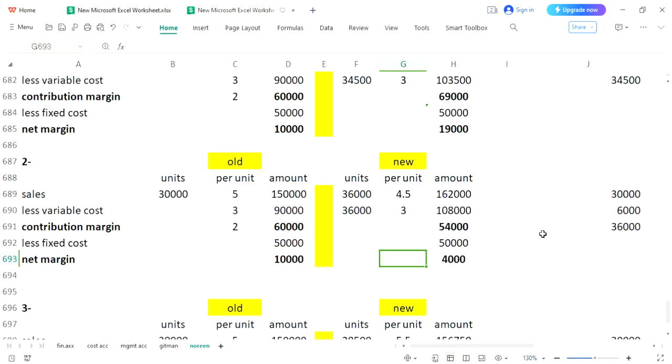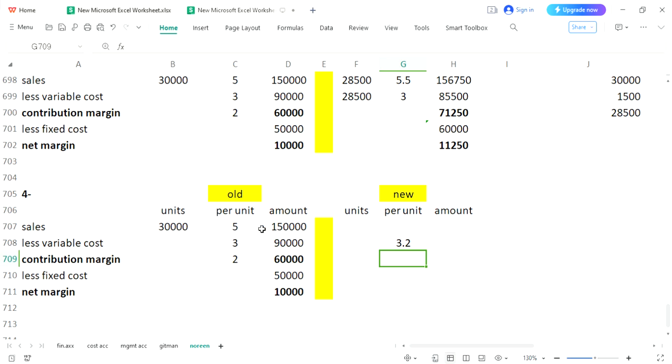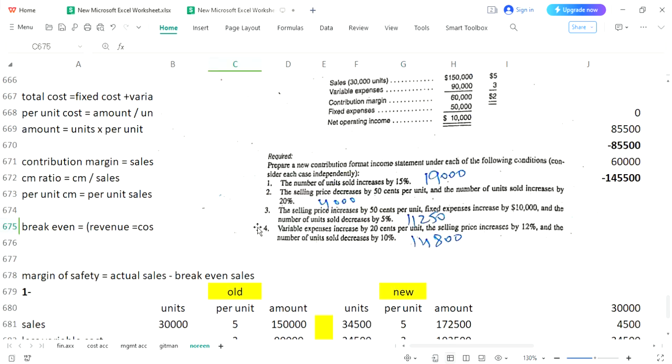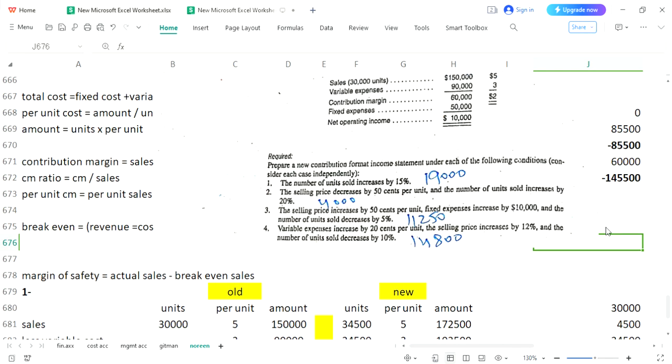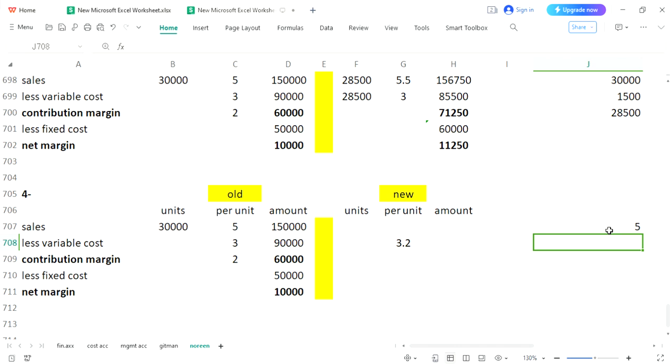So selling price was 5 and he wants to increase by 12%. Okay, here we can calculate it. 5 was the original price and there is an increase of 12%. How would you calculate 12%? 5 multiplied by 12 divided by 100.